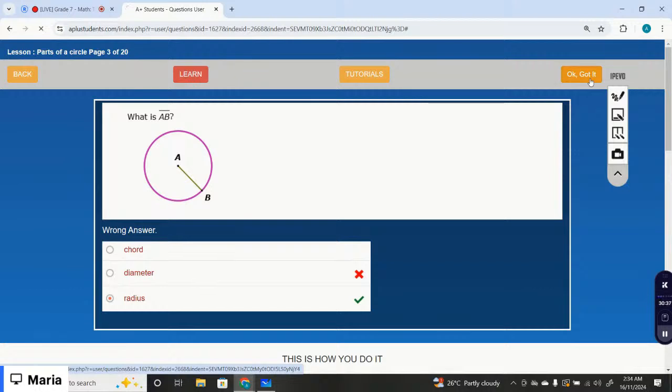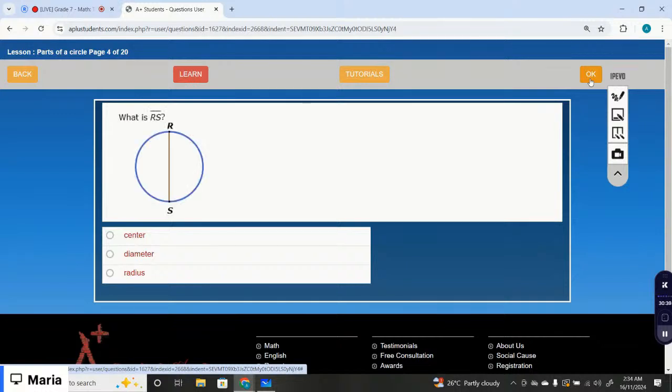The correct option is radius. What is RS, which is the correct option? RS is the diameter of the circle. The correct option is diameter.